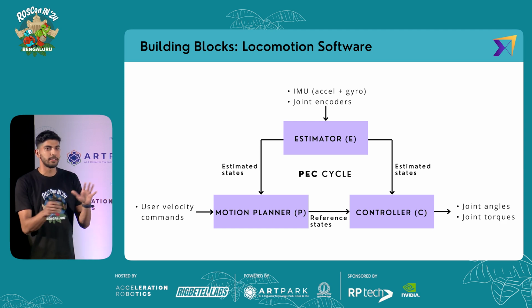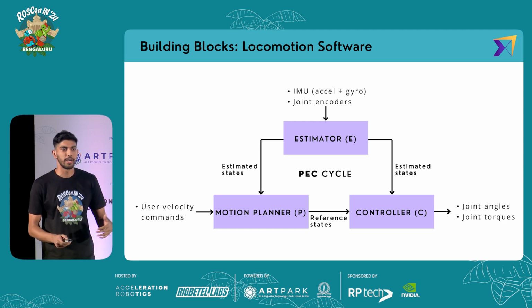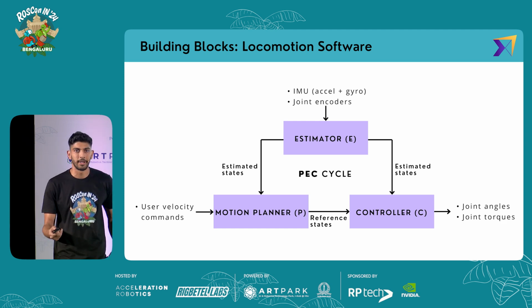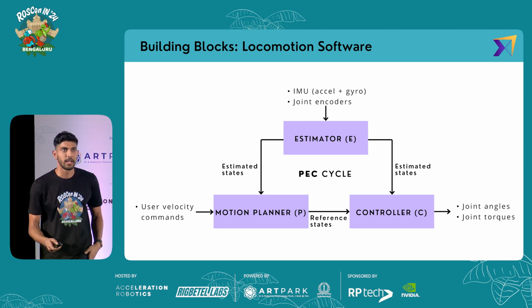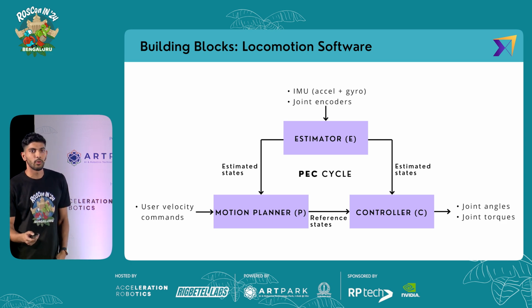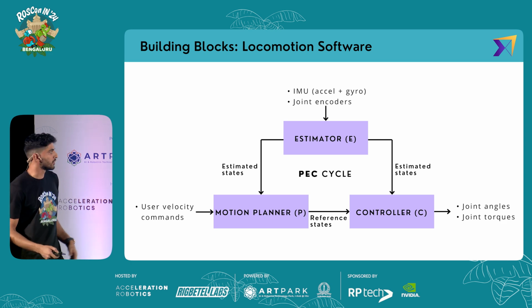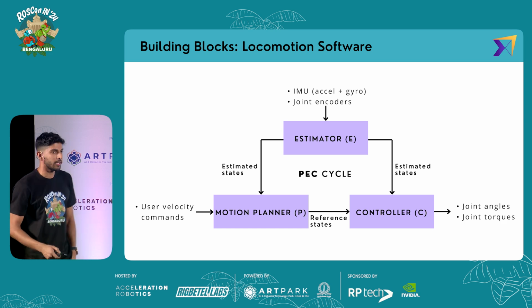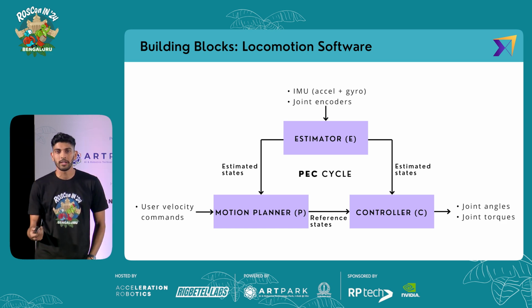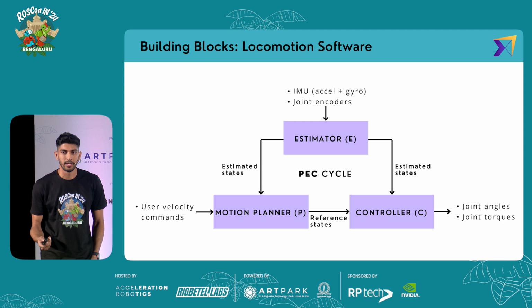The motion planner does its maths. It computes where the robot has to step next. It's a moving robot, so imagine yourself moving ahead. You need to know where you need to step next. It needs to compute how to move its joints. That is the reference state of the robot. It goes into the controller. The controller computes what torques it needs to apply at the joints.